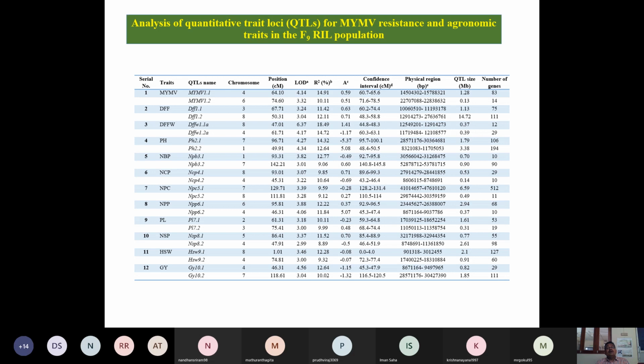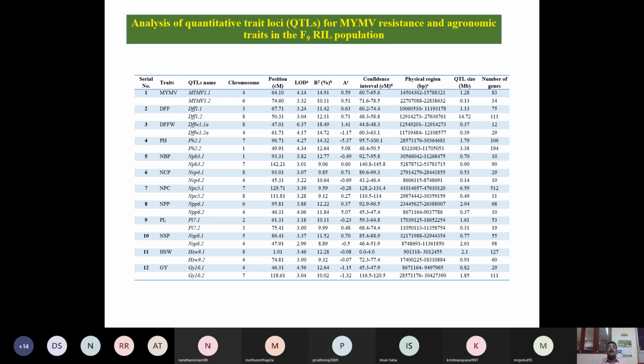When you have the QTL, first of all you have to look at the R-square value, which tells whether the required amount of phenotypic variance is explained by the QTL. That means, if a QTL is mapped, how much percentage of phenotypic effect it explains. For example, here we have two major QTLs on chromosomes 4 and 6. Chromosome 4 has a 14% R-square value and the other around 10%.